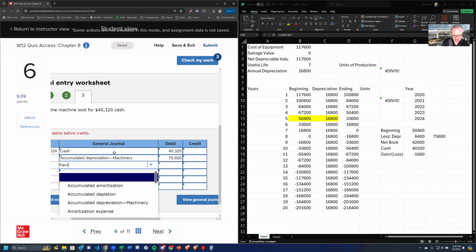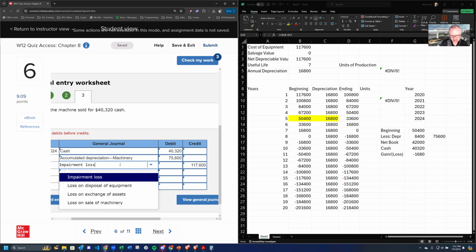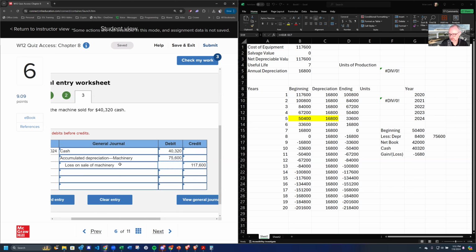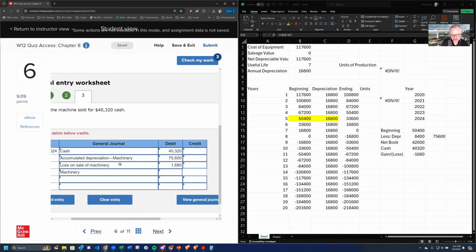We're going to have the machinery like we had before, for 117,600. But we have a loss, which I should have done first. Let's do the loss first. Loss on sale of machinery. That's going to be 1,680. And then we're going to have the machinery itself for 117,600.